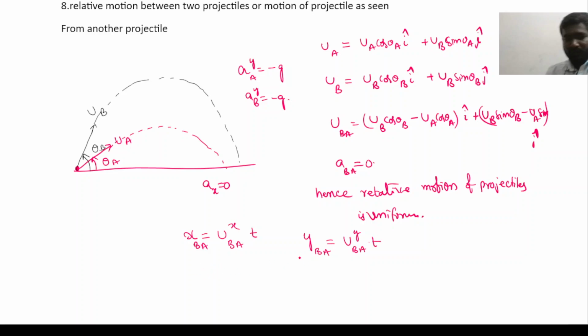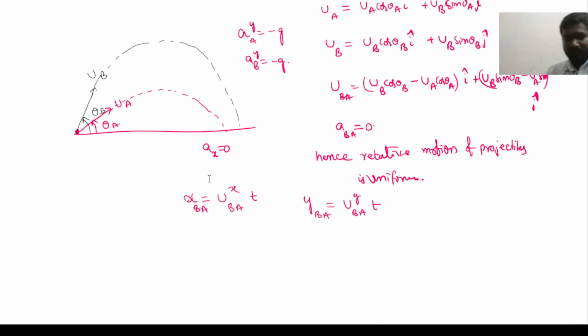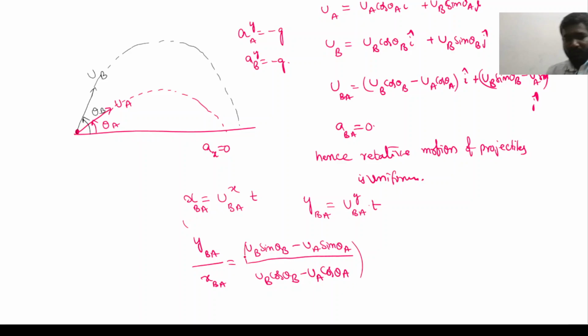Now the y component of B with respect to A divided by the x component of B with respect to A equals uB sin theta B minus uA sin theta A divided by uB cos theta B minus uA cos theta A. So that remains constant. Therefore, the relative motion of the projectiles with respect to each other is purely uniform.